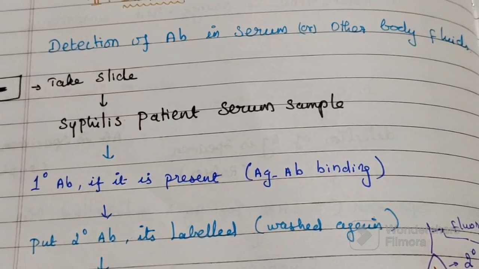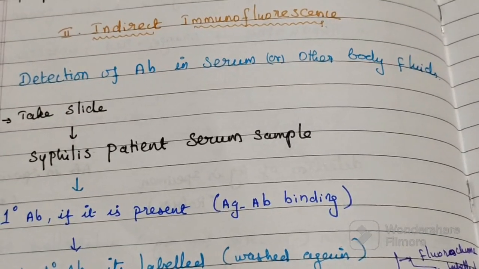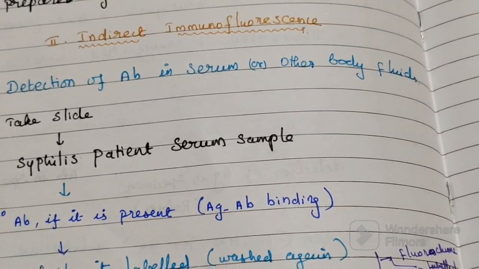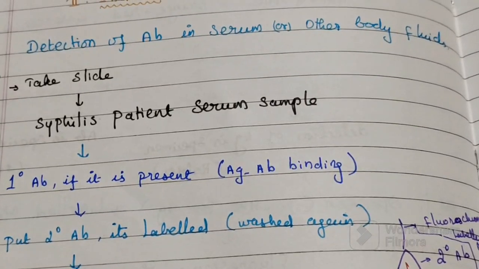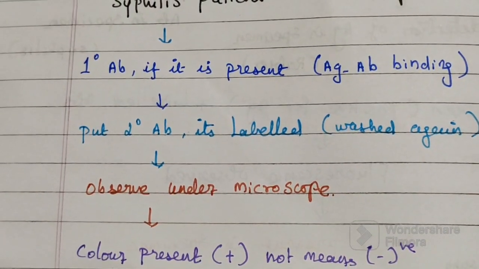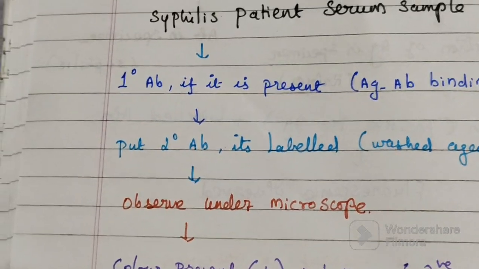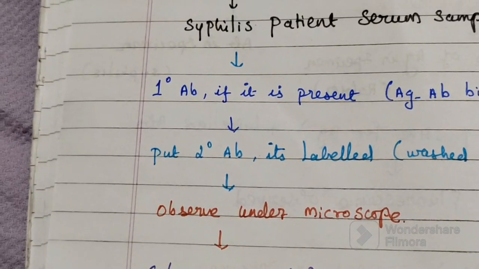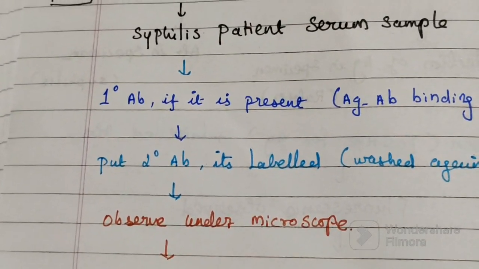So in this method, take a slide, take the suspected antigen, then the primary antibody. If it is present, antigen-antibody binding will occur. After that put the secondary antibody, which is labeled. Again we wash it and observe under the microscope. If the primary antibody is absent, the secondary antibody will go away in washing. If color is present it is positive, if absent it is negative.